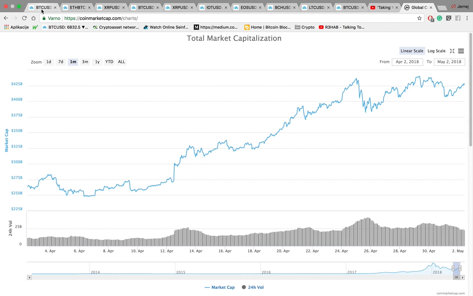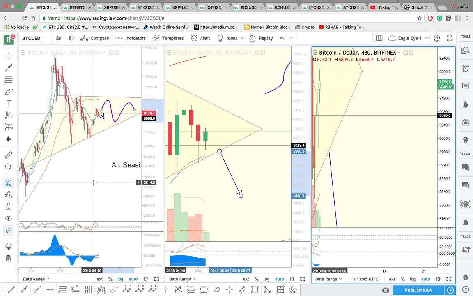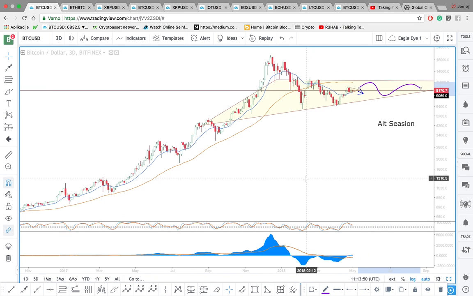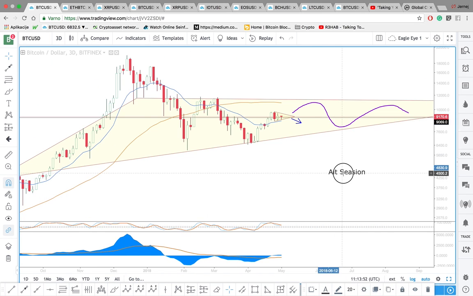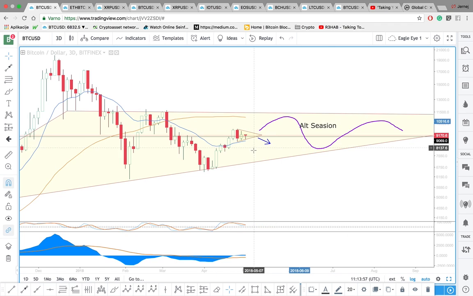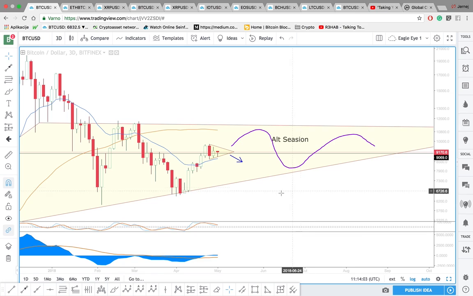Another thing that we looked at was Bitcoin, and we looked at a few different scenarios. And I also promised that I'm going to explain why I have this here, alt season. It's because when Bitcoin goes sideways, if this theory holds true, often the altcoins take the initiative. So first Bitcoin takes the initiative, it goes up, and then this pushes the alts to go higher.